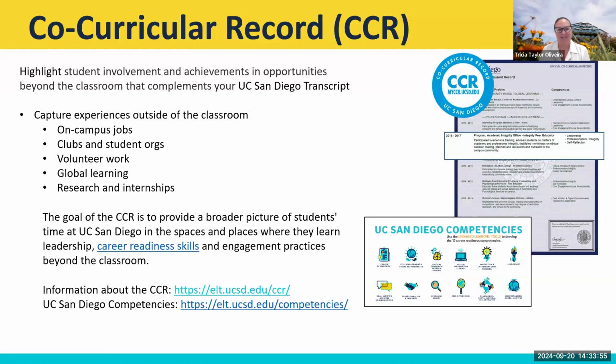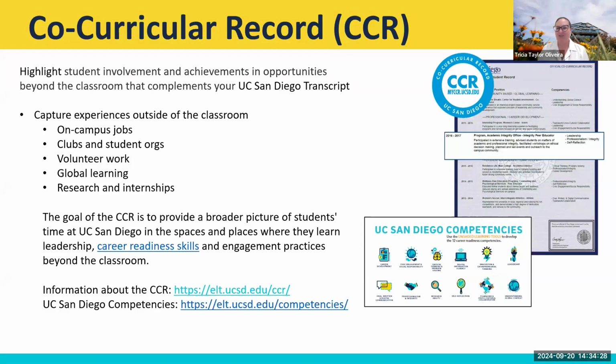So those opportunities can include research that you've done, volunteer research that you've done. So maybe you didn't do it for academic credit, but you have been volunteering within a lab setting or another research setting around campus. That may be an opportunity that can appear on your co-curricular record. This also can apply to certain on-campus work opportunities, certain student organizations, leadership roles that you're involved in here.